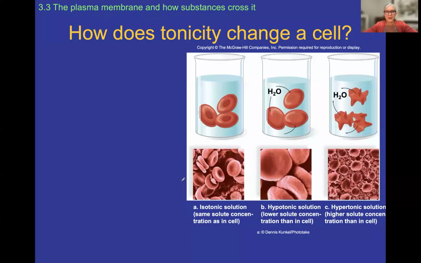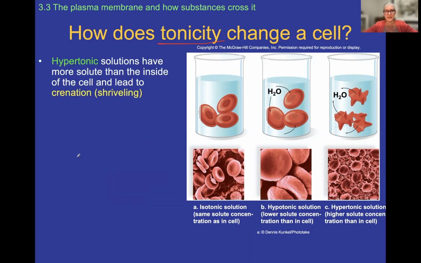When we see osmosis being important in the human body, we're going to see a term called tonicity representing whether or not the solution is appropriate for the living cell. So in this case, we're going to say a hypertonic solution that a cell sits in, and the example is over here on the far right.